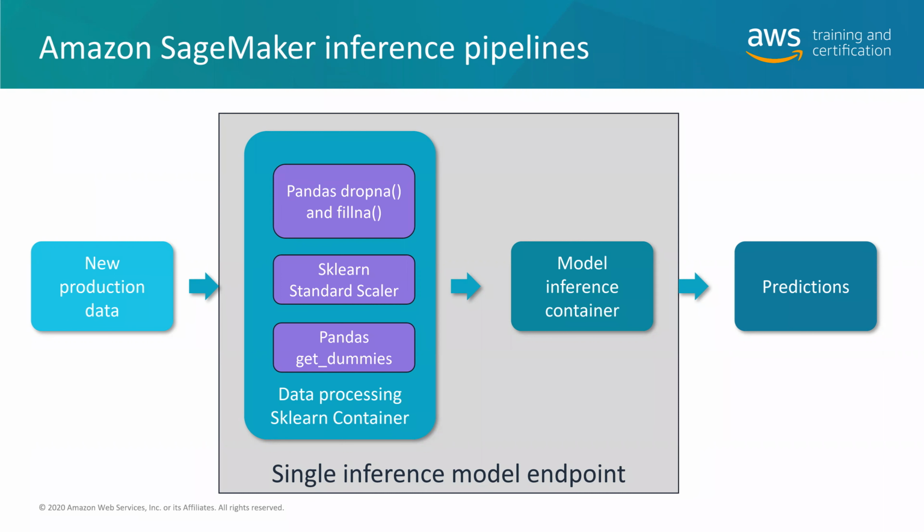I thought that was implying that you could just submit a bundle, but it sounds like you make a data processing container and a model inference container, and you submit both to inference pipelines. Is that correct? Well, what they're saying is that the same pre-processing code that you used in model training, you can then just use in your inferencing pipeline. So you don't need to maintain 2 separate copies of the same code. It can just be sourced from the same thing.